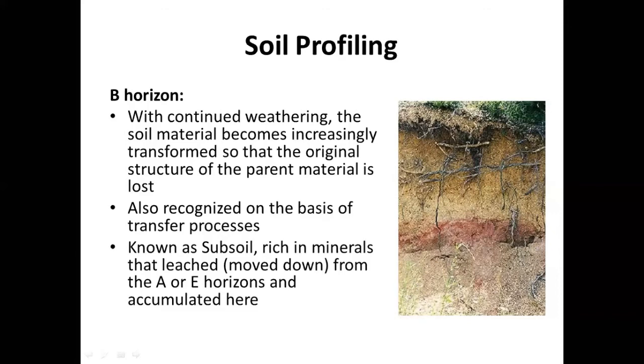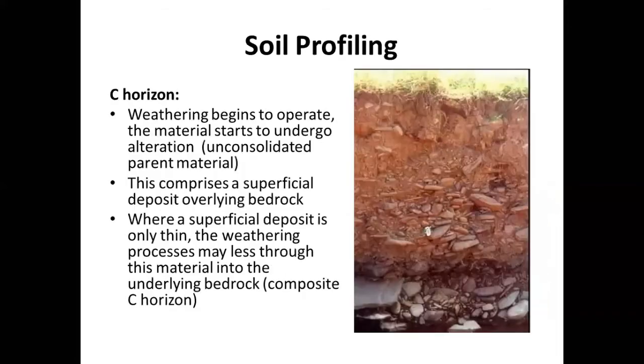With continued weathering, the soil material becomes increasingly transformed so that the original structure of the parent material is lost. For example, in the previous picture, if you see, the weathering process is higher in this portion. So if we go up, the weathering is higher than the lower portion. So if the weathering is higher, then what happened?